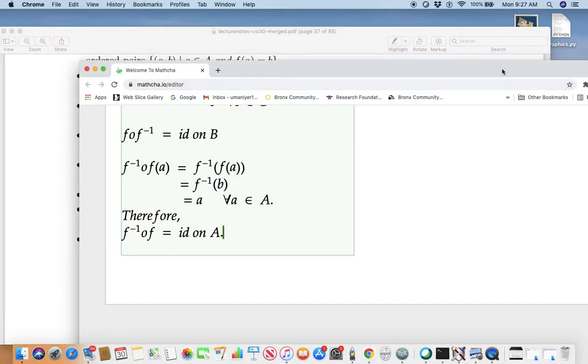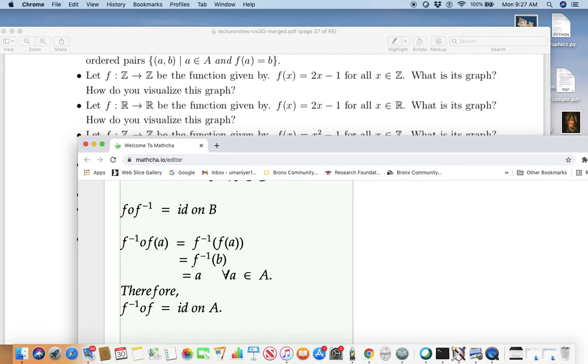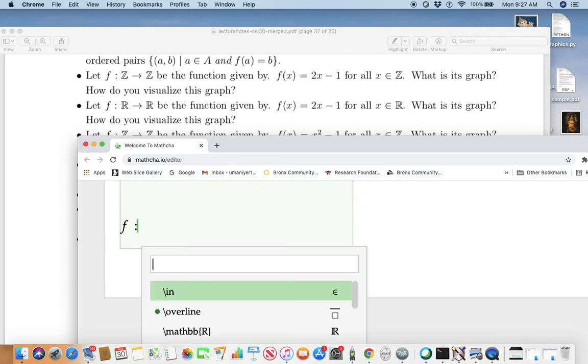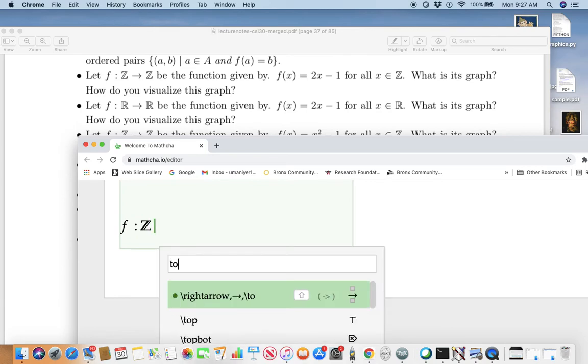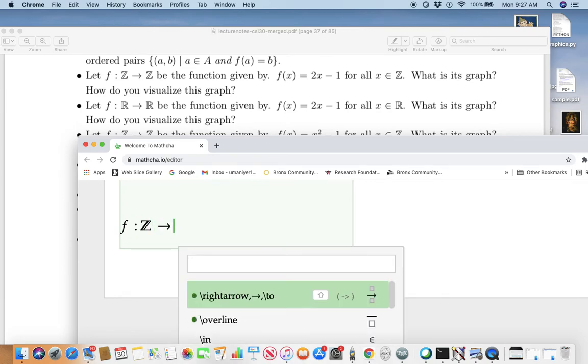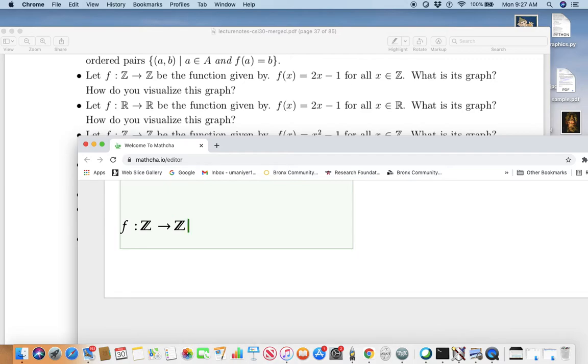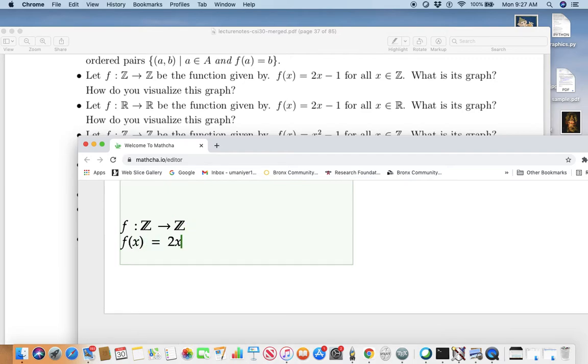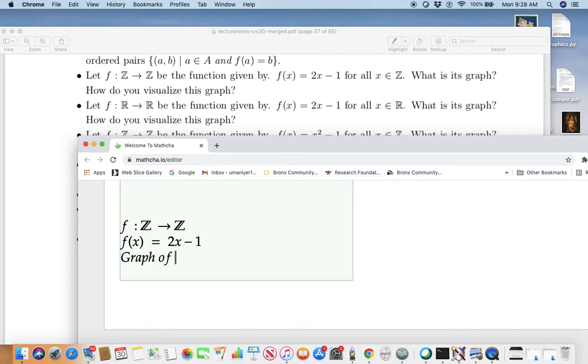Well, the graph of f from Z to Z is given by f(x) equals 2x minus 1. All right. So the graph of f is the set of ordered pairs (a, b) such that f of a equals b. What does that even mean?